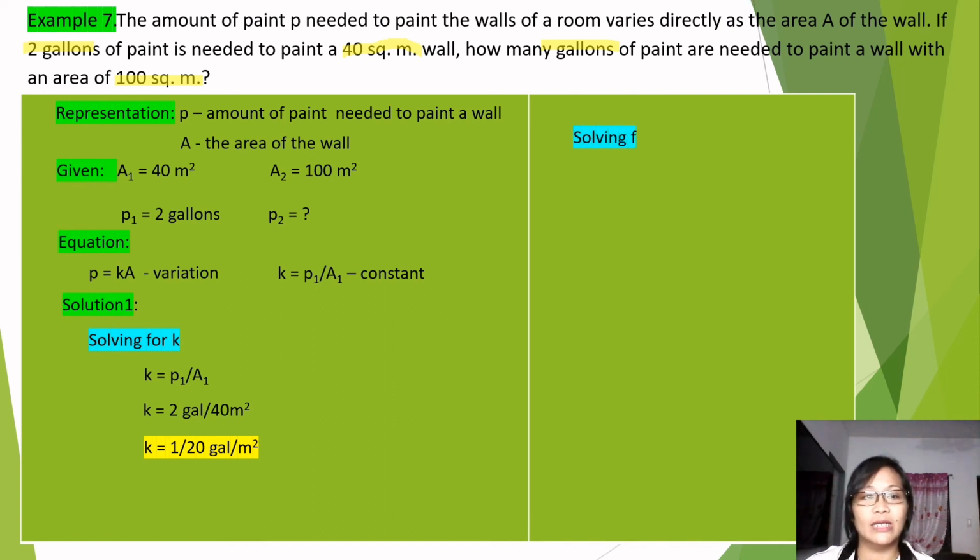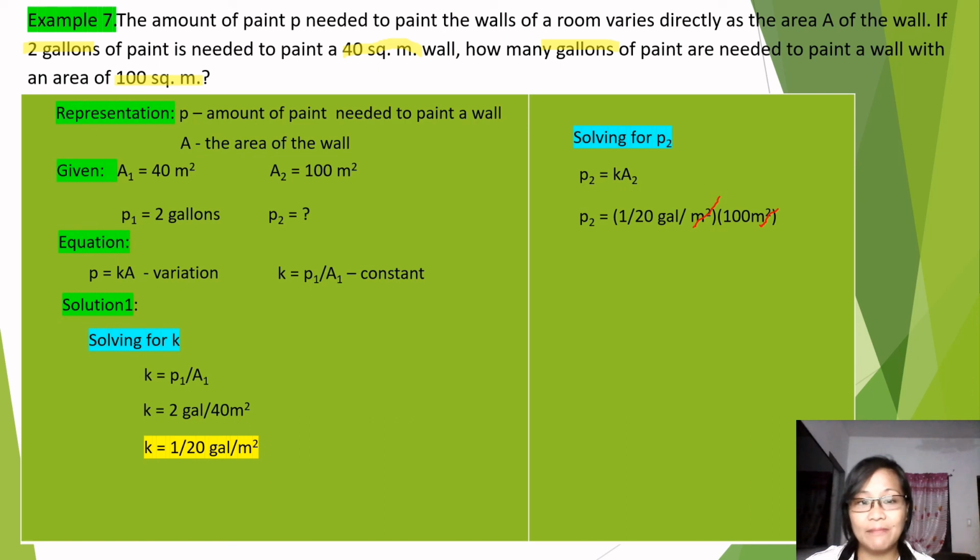And for our P sub 2, we have P sub 2 is equal to K A sub 2. Then substitute the given. P sub 2 is equal to, for our K, 1 over 20 gallon per meter squared times our A sub 2, which is 100 meter squared. Then, cancel the meter squared and meter squared.